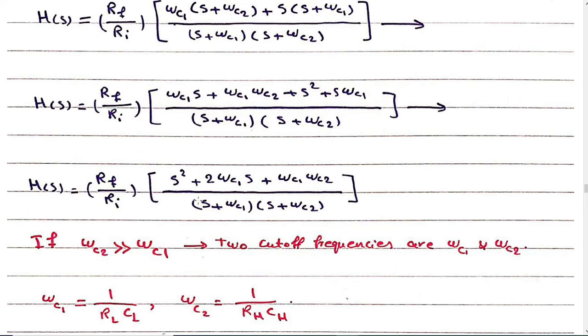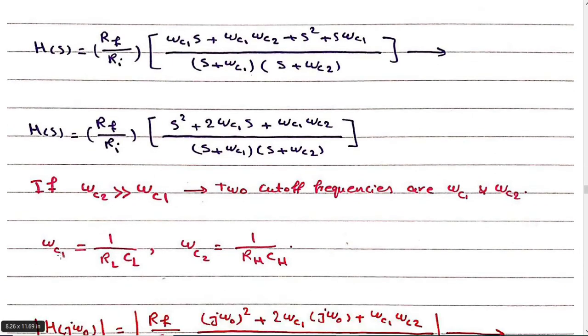Again, the same thing, because we have a broadband filter, omega C2 is much, much greater than omega C1. And what is omega C1 over here? 1 over RLCL, because this is a band reject filter. And how about omega C2? It is 1 over RHCH.